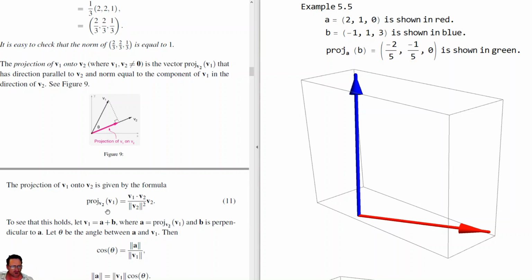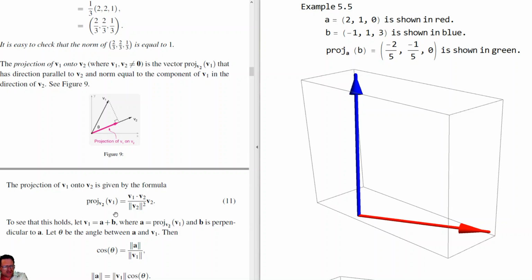Now, when I write this, I put the v2, what it's projected onto, as a subscript, and bigger, like a function, I put v1, right? So the bigger one appears to be shining onto the smaller one, a reminder of what we're talking about here.